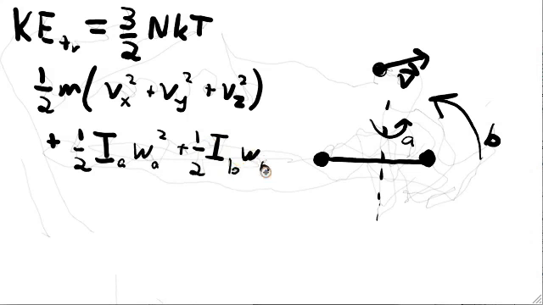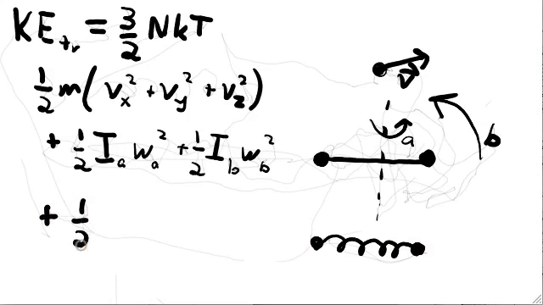In general, there's even more that a diatomic molecule can do. At very high temperatures, this bond between the atoms can start to vibrate. We would model this not as 2 atoms connected by a rigid rod, but as 2 atoms connected by a spring. And we have to include even more terms corresponding to vibration of that spring. There's one which is the kinetic energy of the vibration, which I'll call 1/2 mu squared, and another which is the potential energy of the spring as it vibrates, which is 1/2 kl squared.